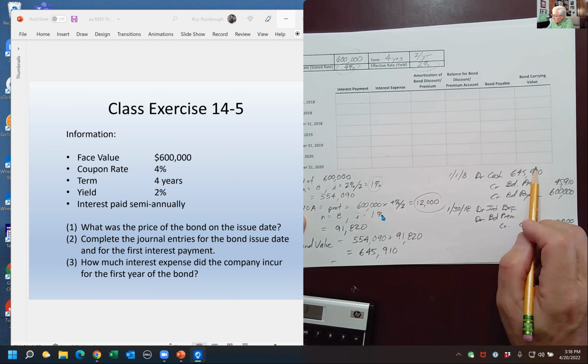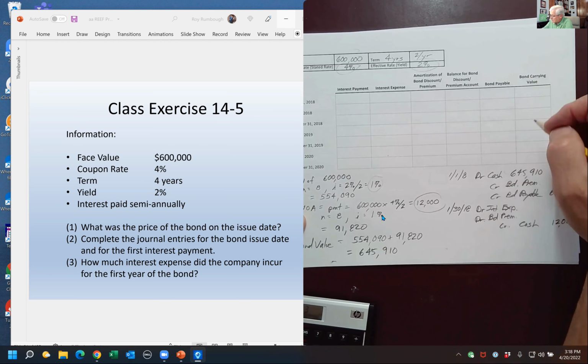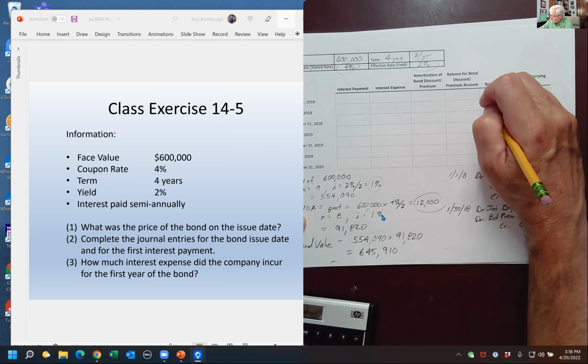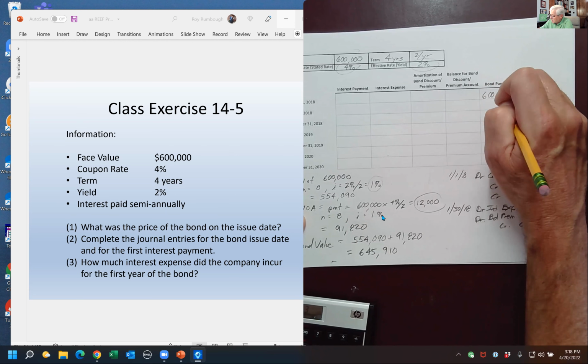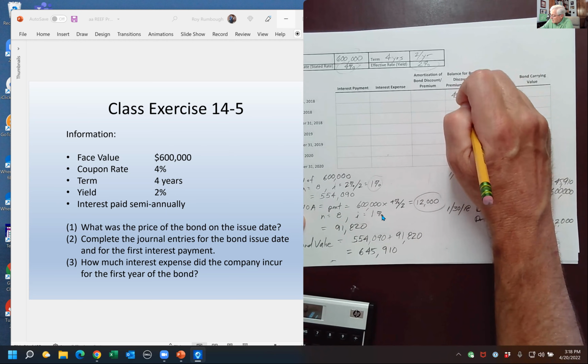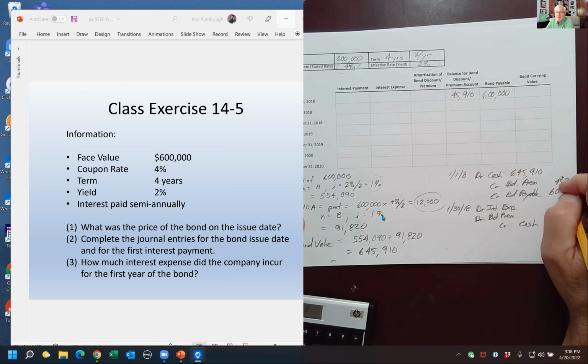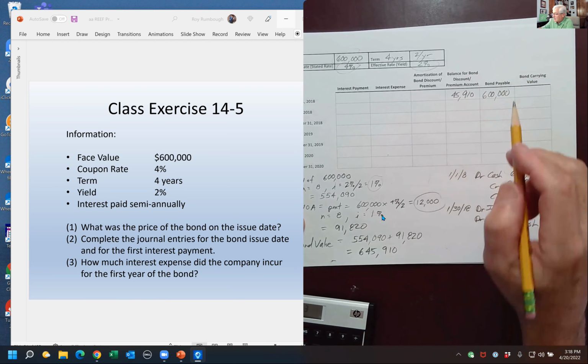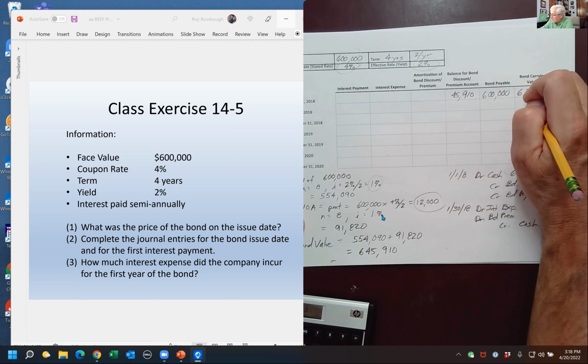What's the interest expense? It's going to be the bond carrying value. Let's get these things up there to help us out. That's 600,000 in the bond payable account as a credit, and we've got 45,910 in the bond premium account. Both credits, add them together, and the bond carrying amount is 645,910.